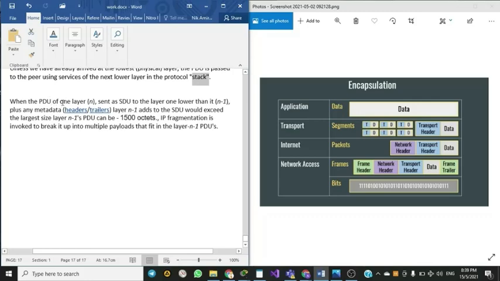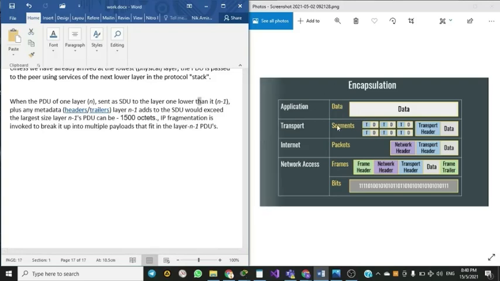When one of these layers sends an SDU to the next lower layer, that layer adds a lot of metadata, either a header or trailer, to the SDU. If this exceeds the largest size the layer's PDU can handle, for example 1500 octets, IP fragmentation will be invoked.